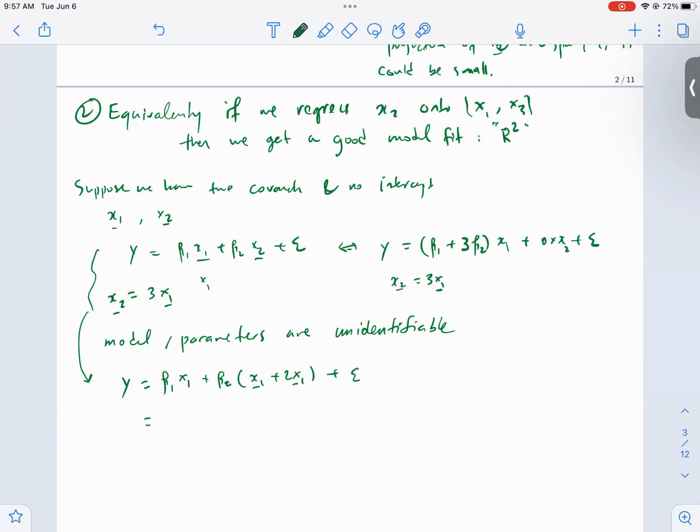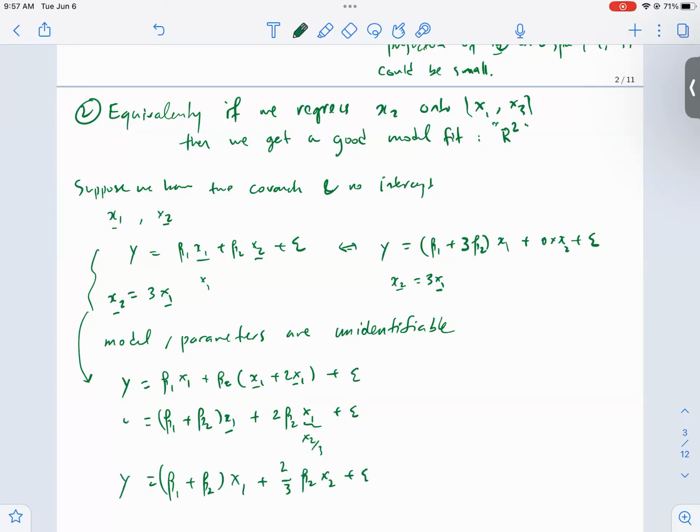So I'll write it as beta 1 plus beta 2 x1 plus 2 beta 2 x1, let's say. And then I want to replace x1 with x2 over 3. Okay, so it would be something like this: beta 1 plus beta 2 x1 plus 2/3 beta 2 x2.